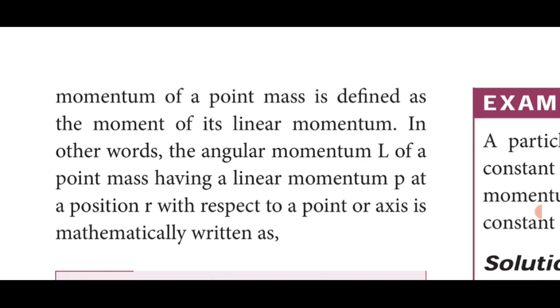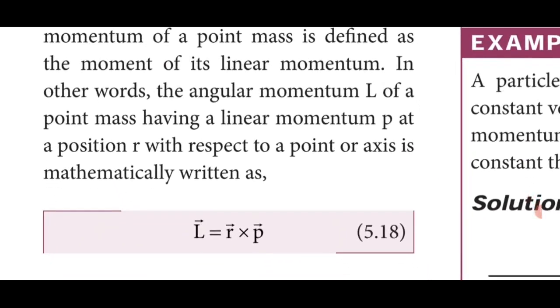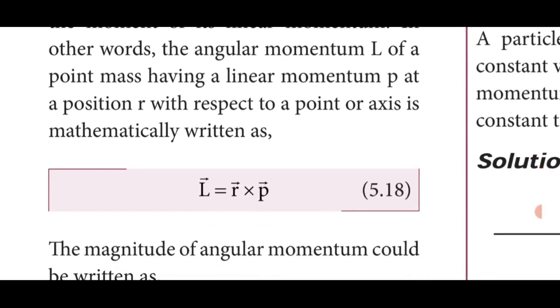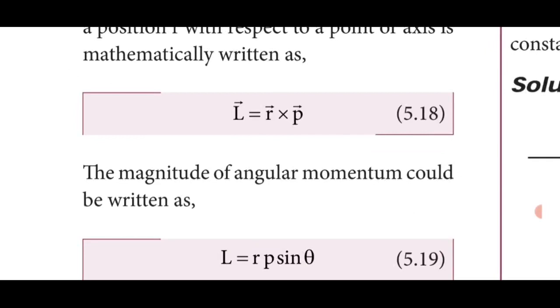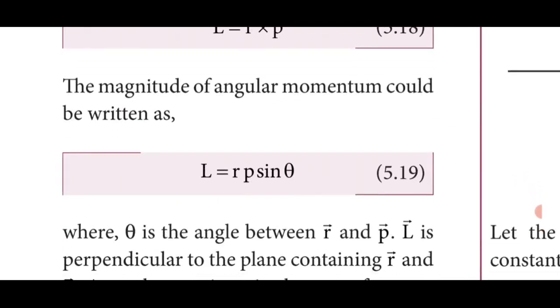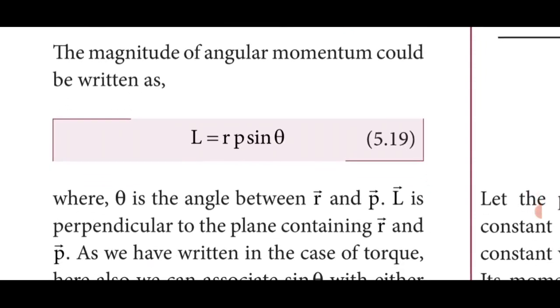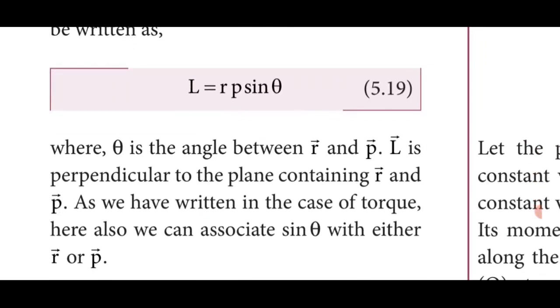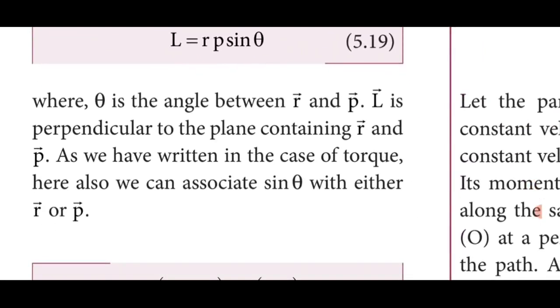In other words, the angular momentum L of a point mass having linear momentum P at a position r with respect to a point or axis is mathematically written as L is equal to r cross P. The magnitude of the angular momentum is L is equal to r P sin theta. Theta is the angle between r and P, and L is perpendicular to the plane containing r and P.